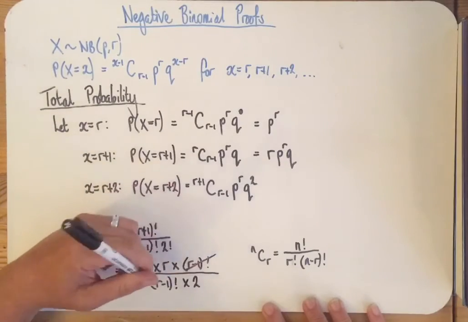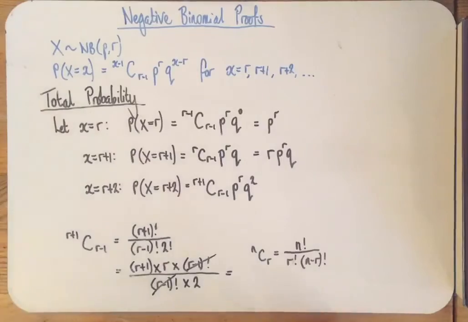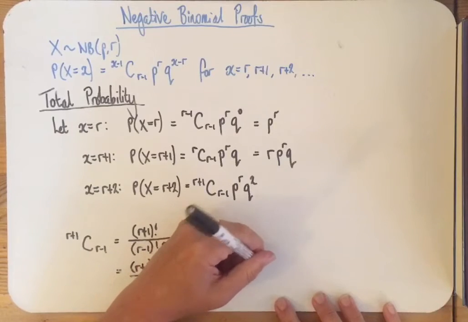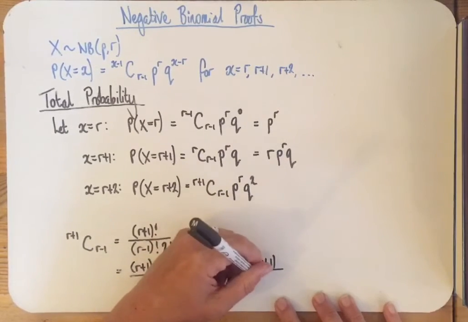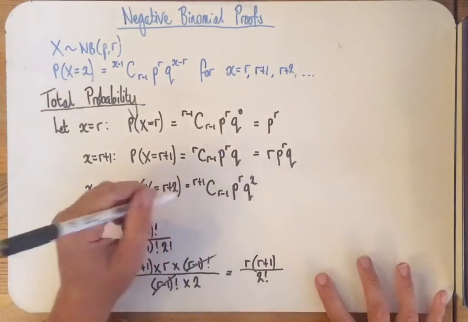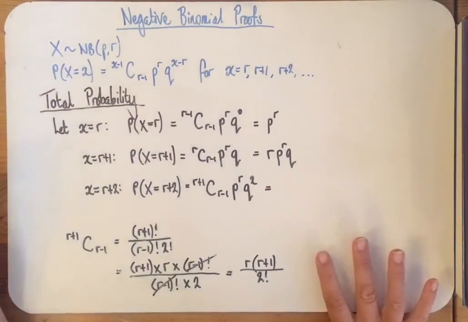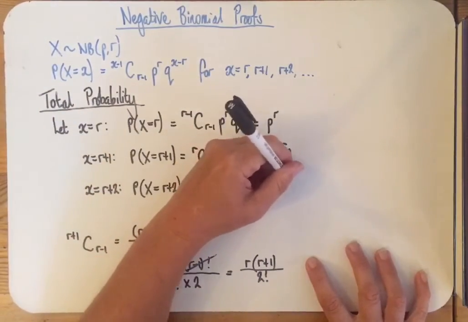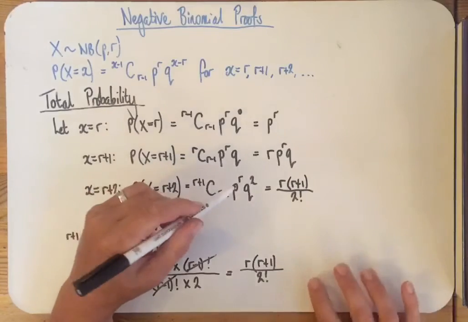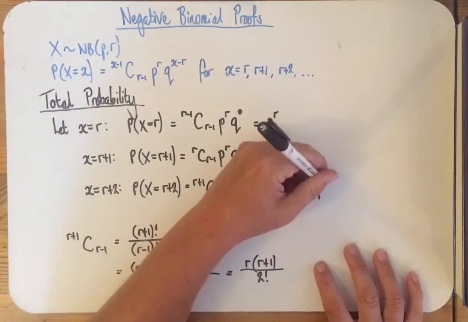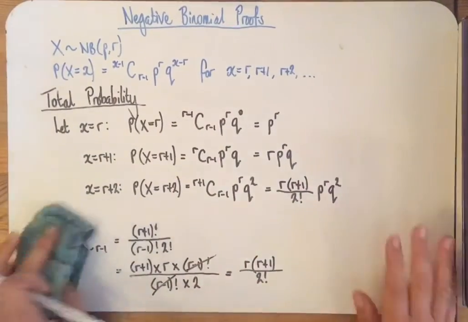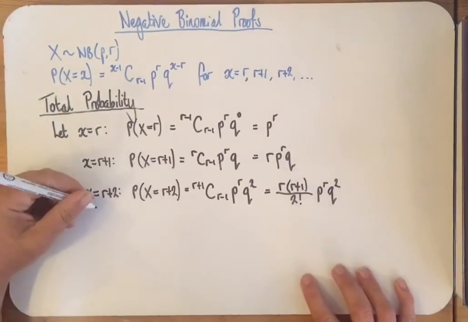So they're going to cancel off, and you are left with r plus 1 over 2 factorial. And so this next line here, I end up with r plus 1 over 2 factorial p to the power r q squared. And then you could keep going, but we'll leave it there, but that would continue.